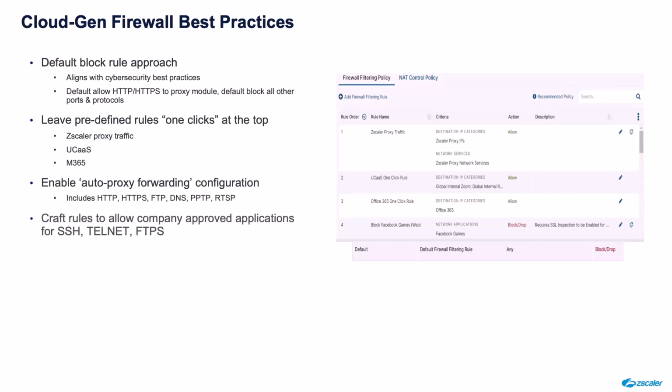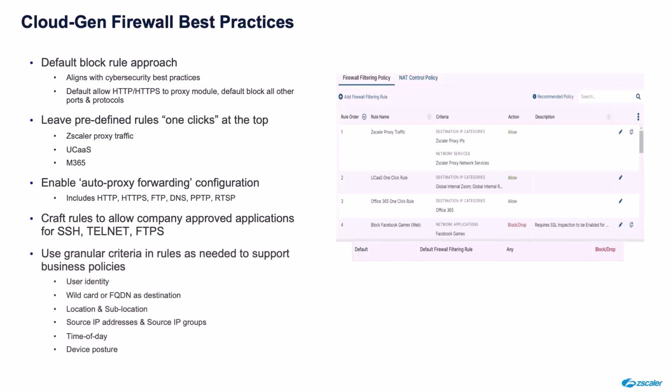Another best practice is to always allow specific policies around SSH, Telnet, FTPS, and so on, depending on the business needs. As business policies and intent drive the overall access control policies, we have granular capabilities which you can leverage based on user identity, wildcard or FQDN as a destination, location, and sublocation.